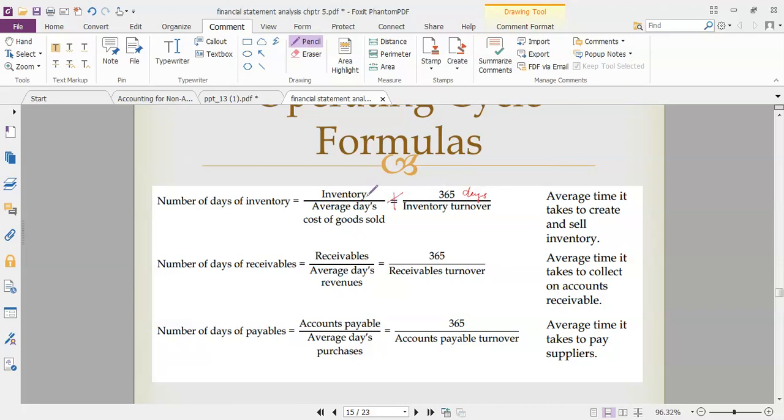So the number of days of inventory is calculated either as 365 divided by the inventory turnover, or inventory divided by the average days cost of goods sold. The interpretation is the average time it takes to create and sell inventories. That is the first one.